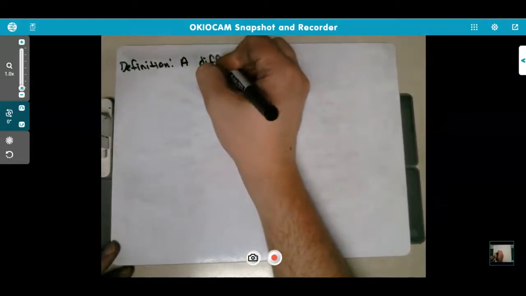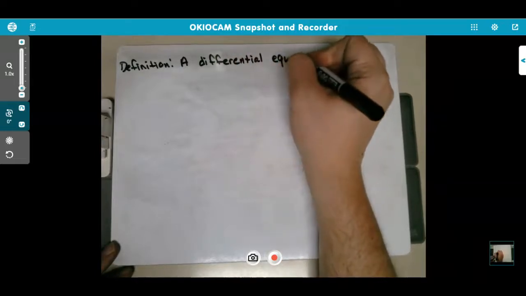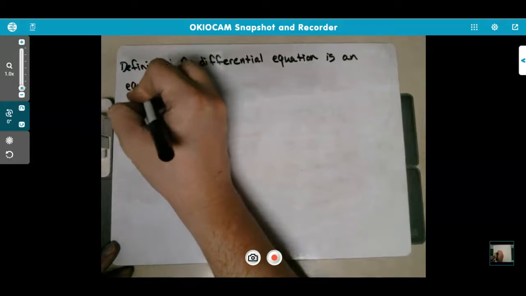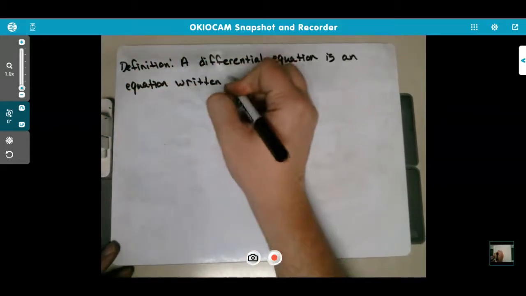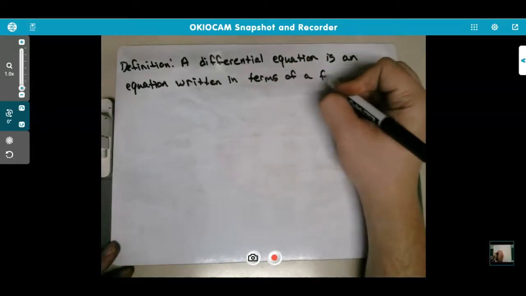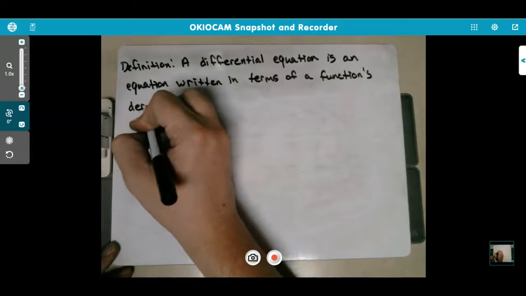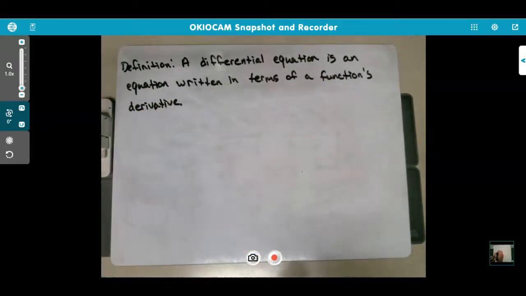A differential equation is an equation written in terms of a function's derivative. So basically, it's an equation where the derivative is a part of it, okay?